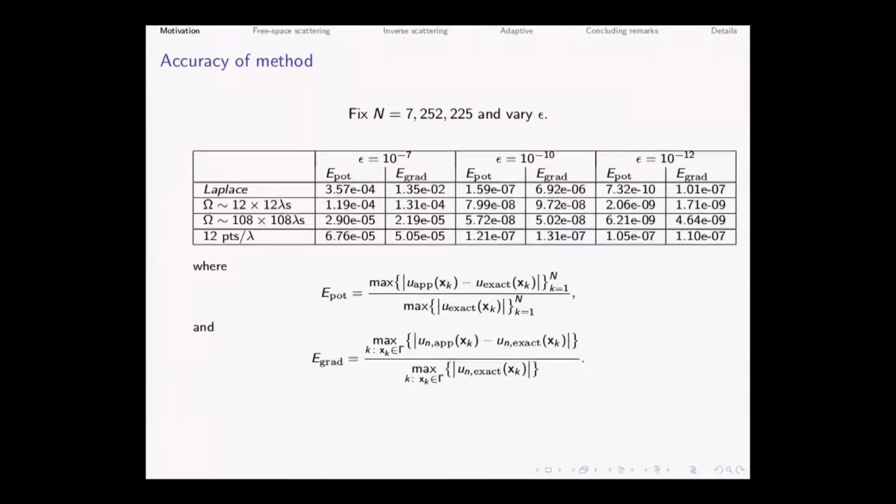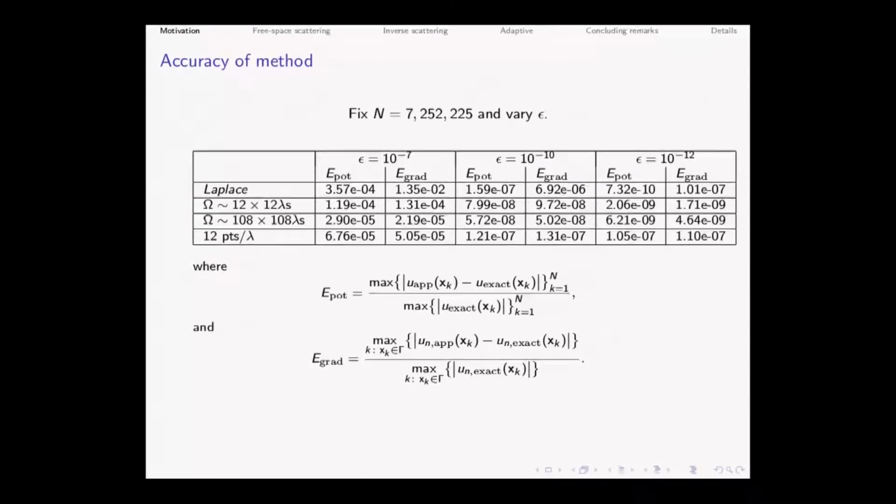So just so that you can see that we're actually getting high accuracy for this discretization technique, we consider 4 problems. We have a Laplace problem, a Helmholtz problem, 12 wavelengths in size, 100 wavelengths in size, and then maintaining 12 points per wavelength. And then these are different accuracies that the linear version of the solver is set at.